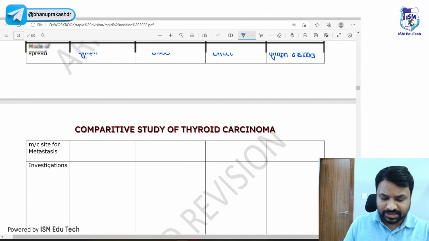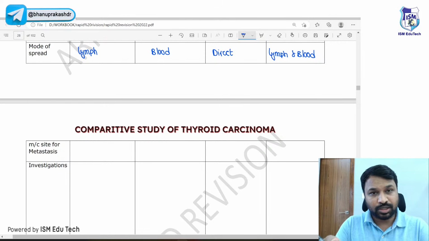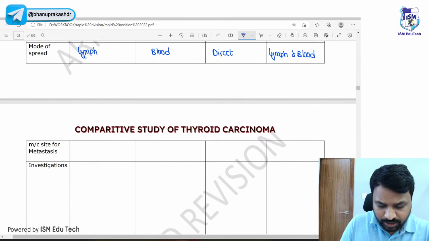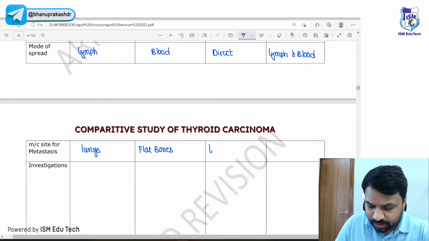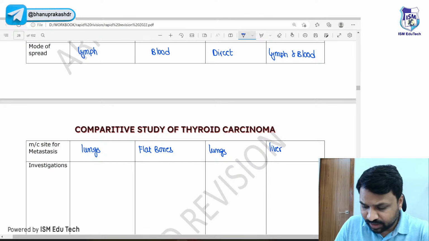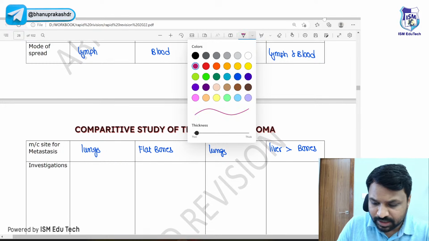The most common site for metastasis with respect to papillary cancer thyroid is going to be the lungs. Here it is going to be flat bones, that is in the follicular. Again, direct, here it is lungs. In medullary it is liver. If not, then it is bones. Now remember, whenever we talk about bones, type of secondaries are important.